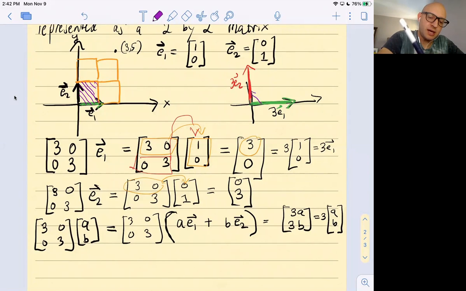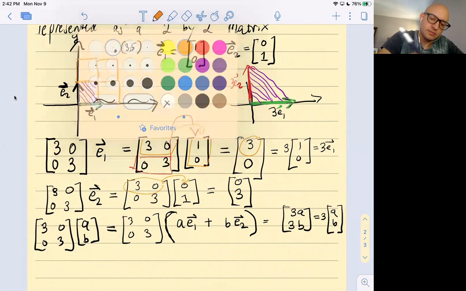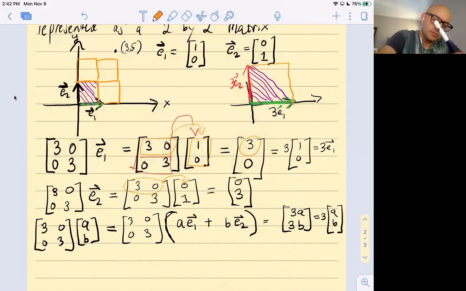And if we can understand how that shape transforms, then we can understand what the transformation is. So that's the idea: the first column of a matrix tells us what happens to the E1 vector, and the second column tells us what happens to the E2 vector.